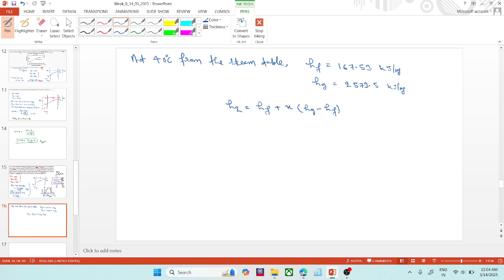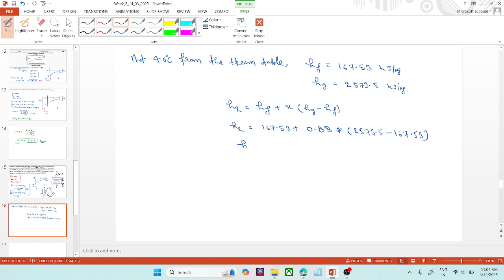Okay, so when you put the values here, H2 would be 167.53 plus the quality 0.88 into Hg, 2573.5, minus 167.53.